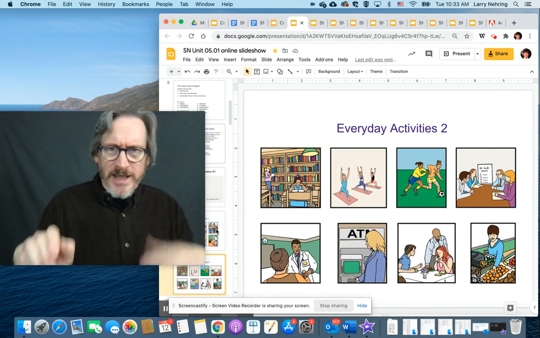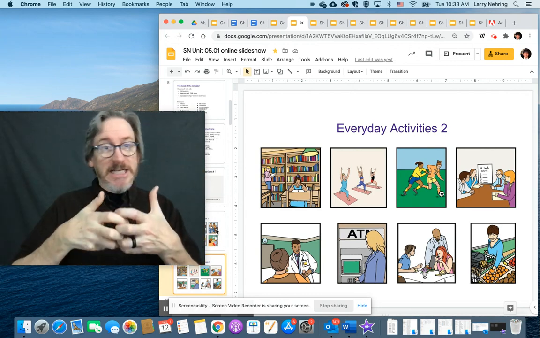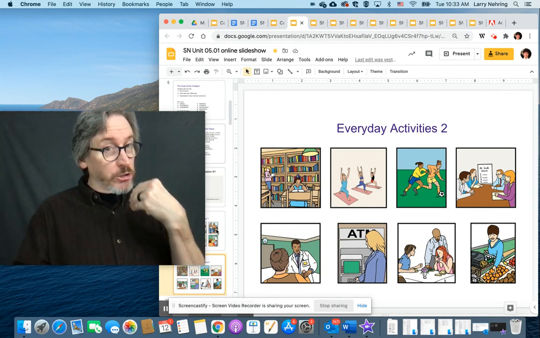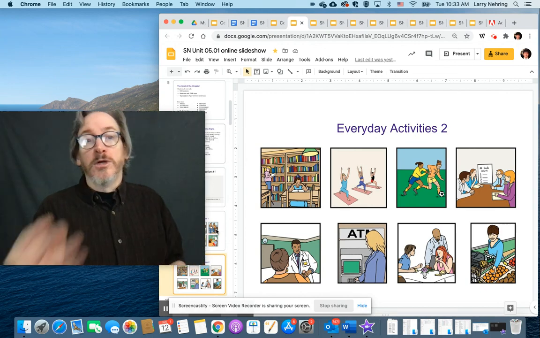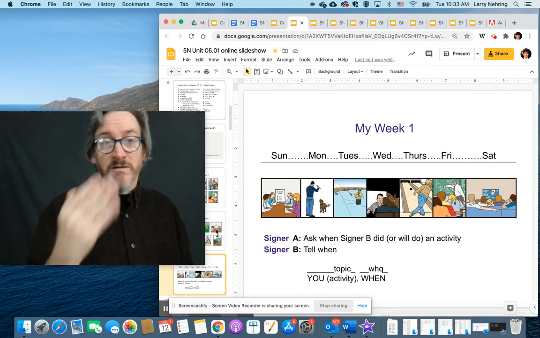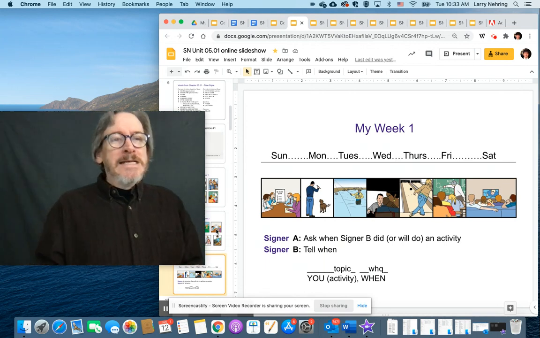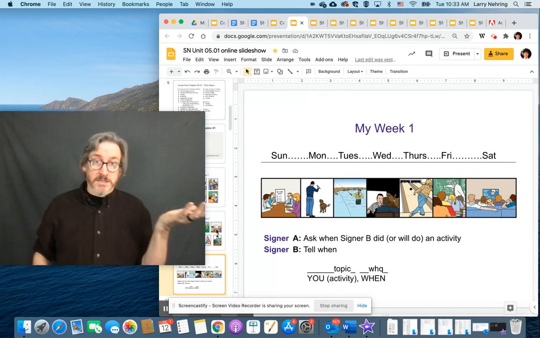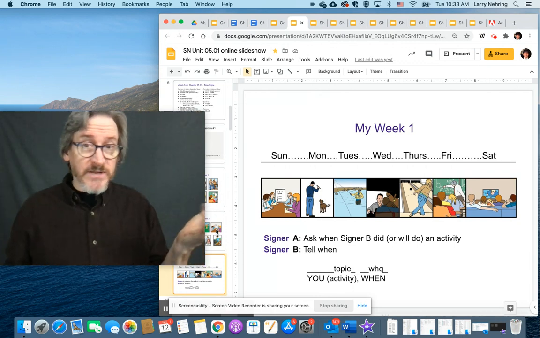You could just fingerspell that if you want, or bank machine, out to dinner, restaurant, food shopping, food store. So now we're going to put them together, the days of the week and the activities.